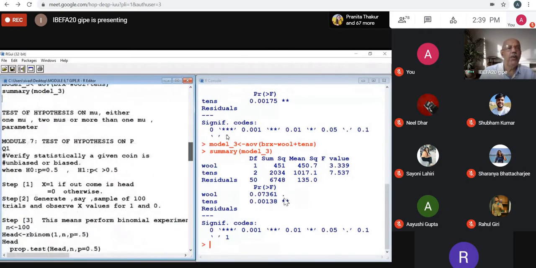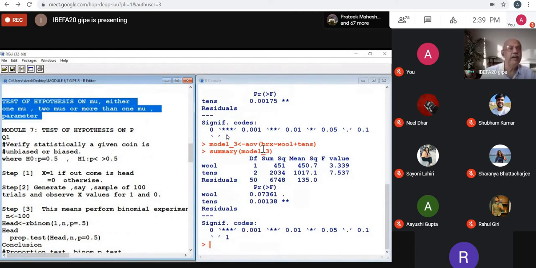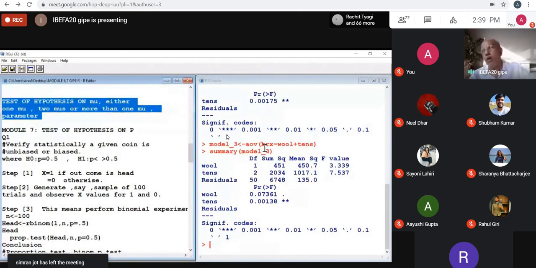So, we have learned test of hypothesis for arithmetic mean. 1 parameter, 2 parameter, more than 1 parameter. Both critical value approach as well as p-value approach.